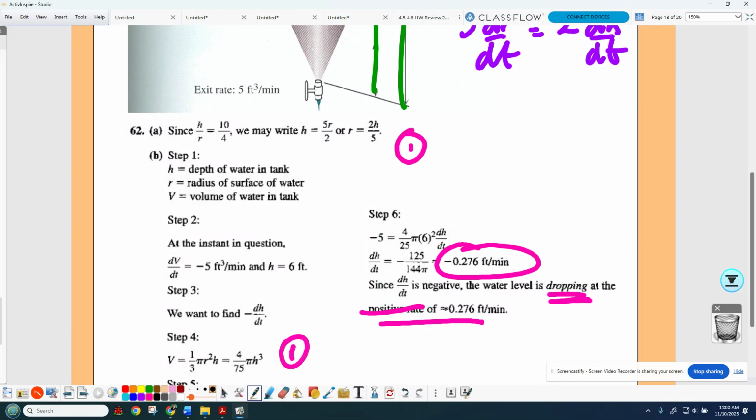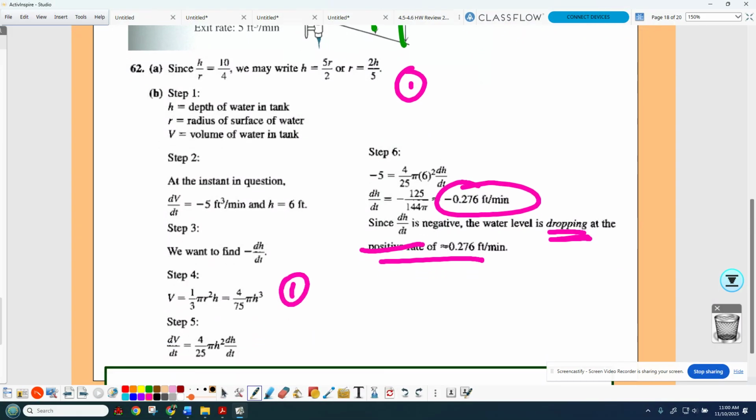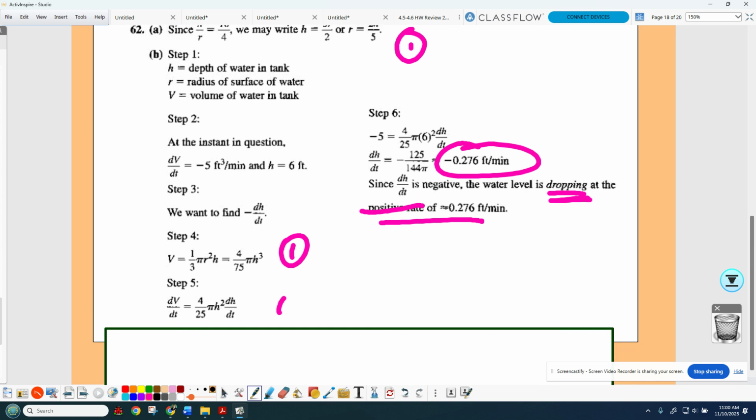It didn't matter if you chose the wrong one, but a point for subbing that out, a point for properly doing the derivative with respect to time, and then a point for swapping in the numbers, and then a point for summarizing your statement at the end. So you would get 5 out of 6 if you said dropping at a negative rate. But still, I didn't think that was worth 16% of the grade, the dropping at a negative.